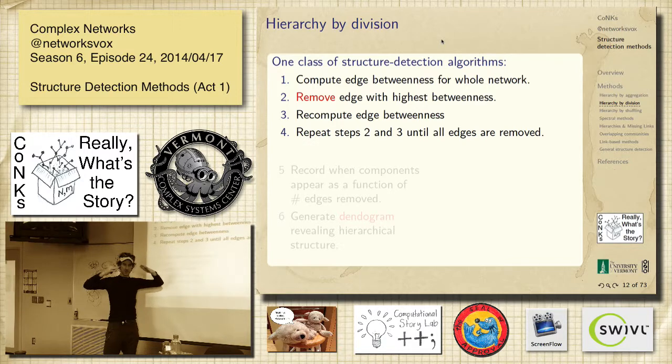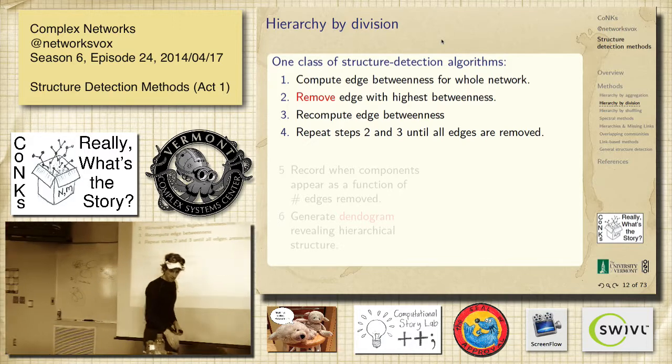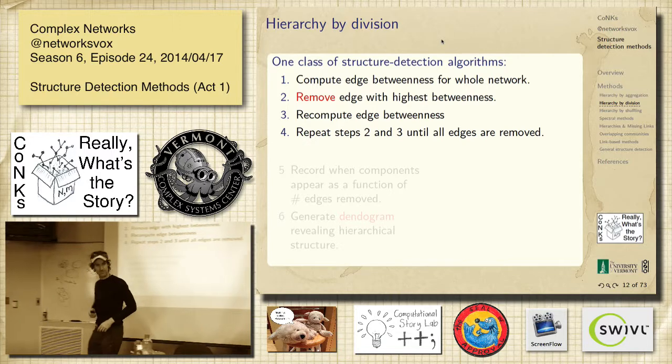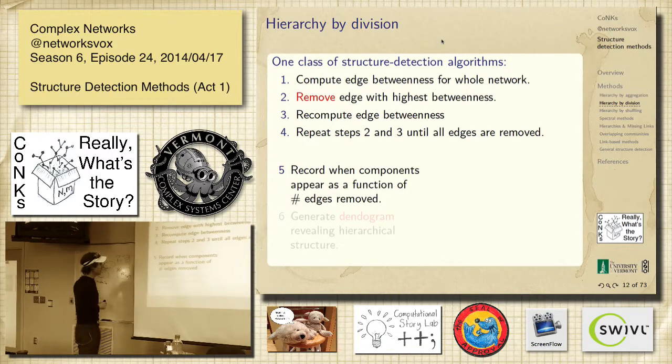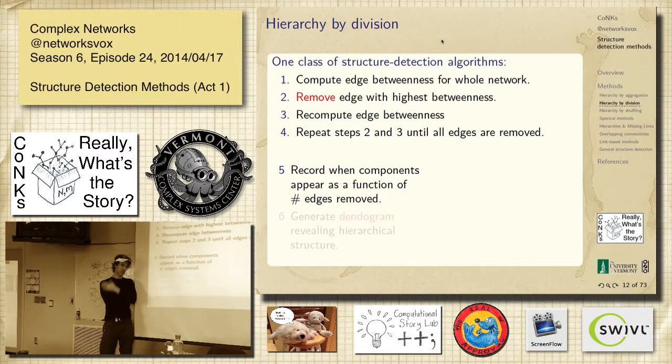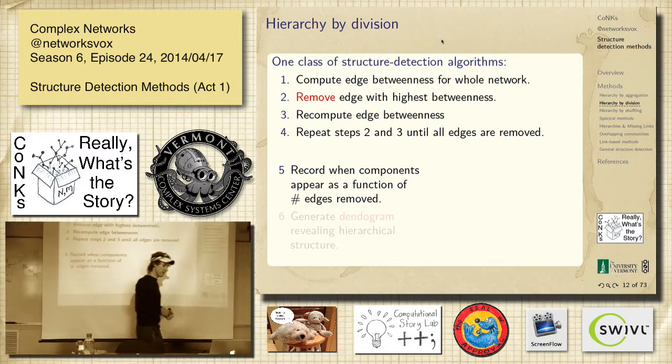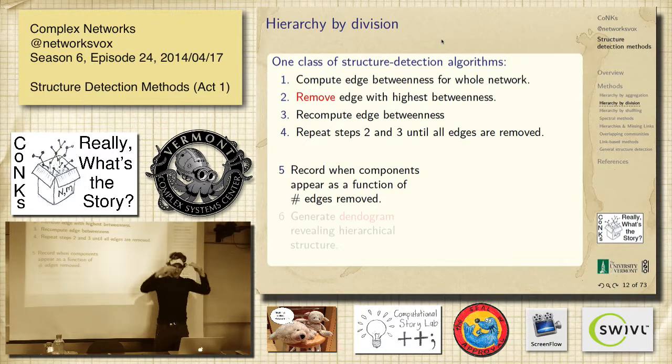So you've got this network that's being degraded, and you want to look at how this network gets degraded throughout. Let's say you start with a network that's just one component in the whole thing. You don't have separate pieces. So you've got this number of edges removed.